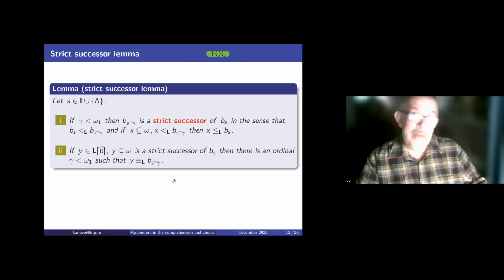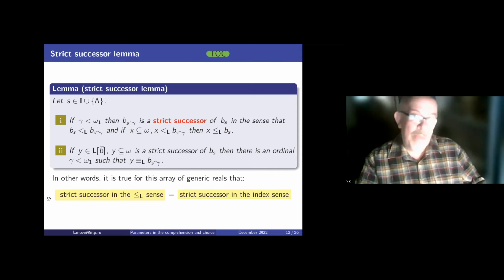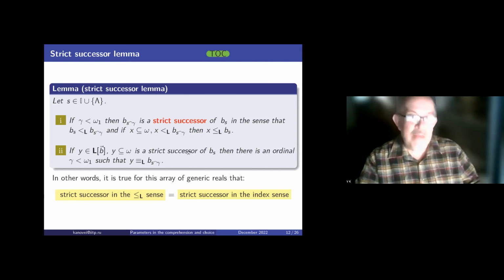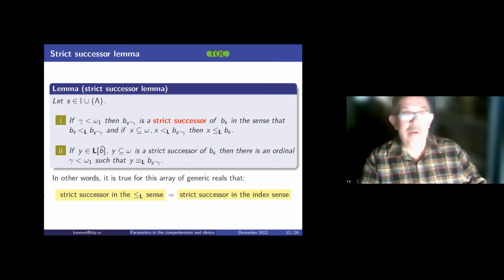We can summarize this: being a strict successor in the Gödel order sense is just the same as being a strict successor in the index sense. This is just the main tool of any investigation, any definability investigation for such a model. Well, so this is about the basic model. Now about the submodel.